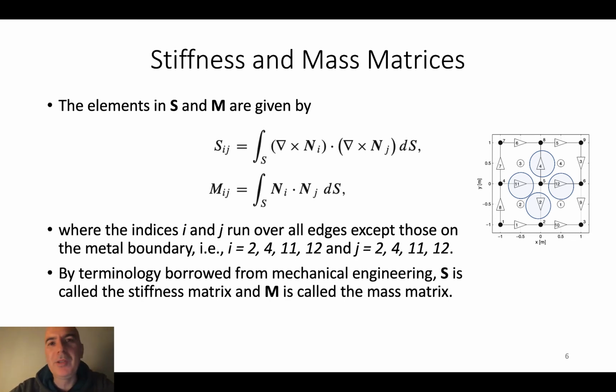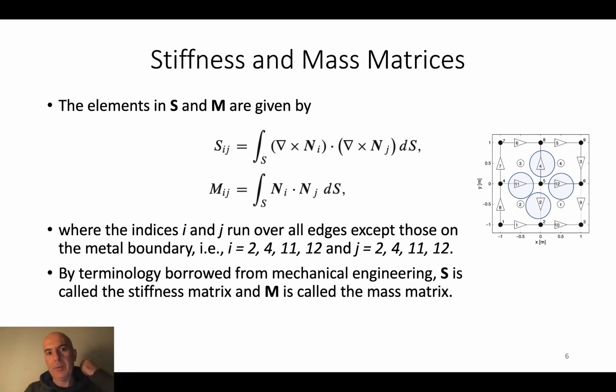So we borrow these terms from mechanical engineering and retain the names, even though when it comes to the electromagnetic field, they don't have a very strong physical meaning. So this is a procedure by which we can calculate this integral. We know N, and by just geometrical consideration, we can calculate this as ij.